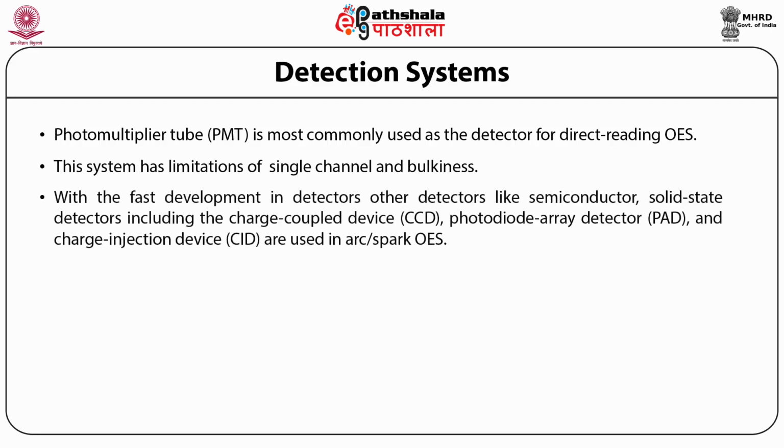With the fast development in detectors, other detectors like semiconductor, solid state detectors, including the charge coupled device, commonly known as CCD, photodiode array detectors, and charge injection device are used in arc spark optical emission spectroscopy. We have discussed these detectors in detail in the instrumentation of atomic absorption spectrometry.